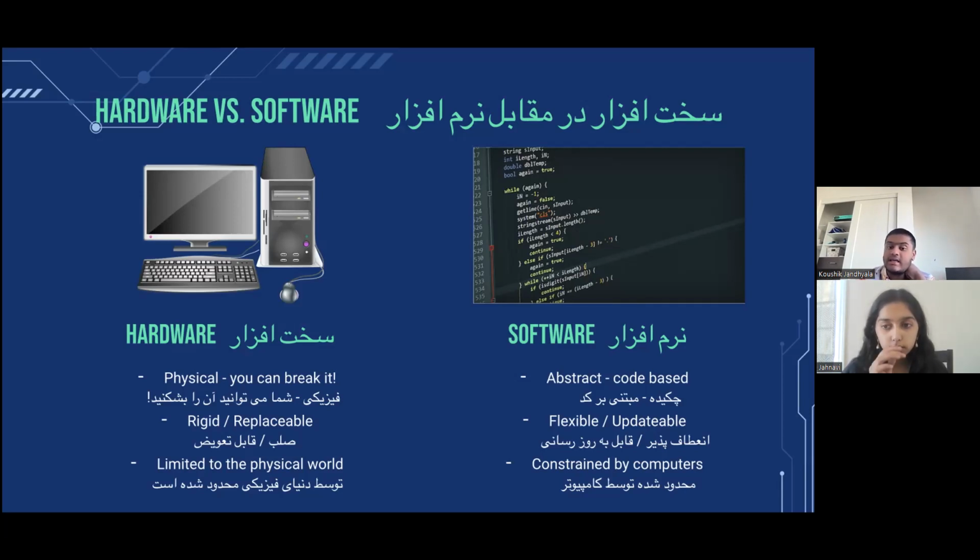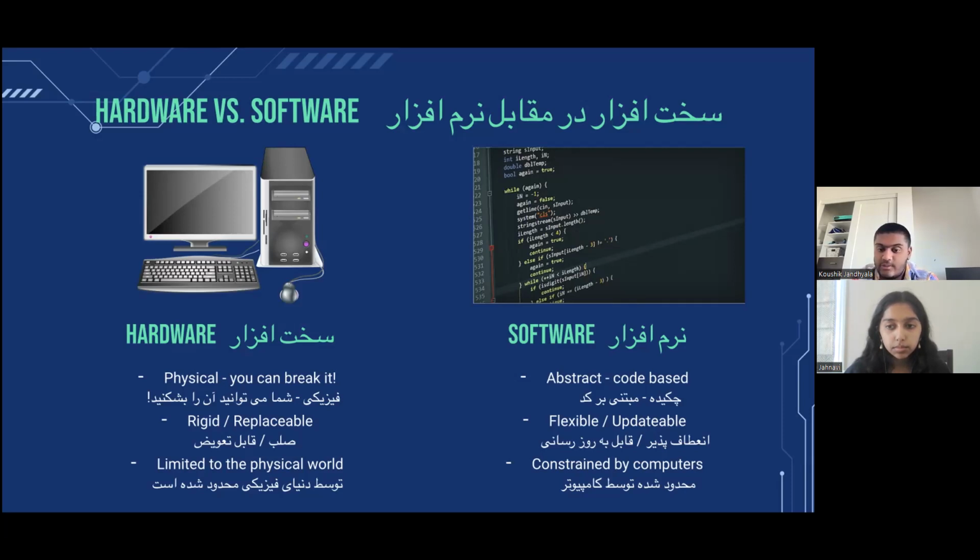Software, however, is abstract, which means that it's based off of code. It's flexible and updatable, unlike hardware. For example, if a company designs a product and realizes it has a problem, they can't just go to every person that bought it and fix it.